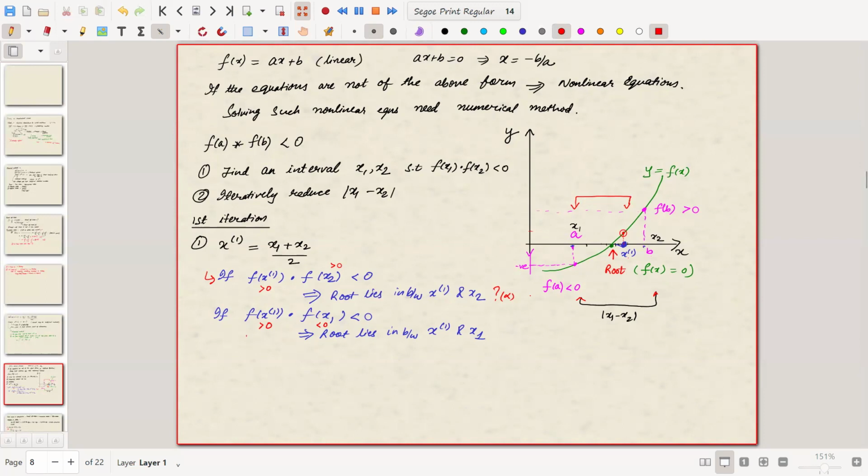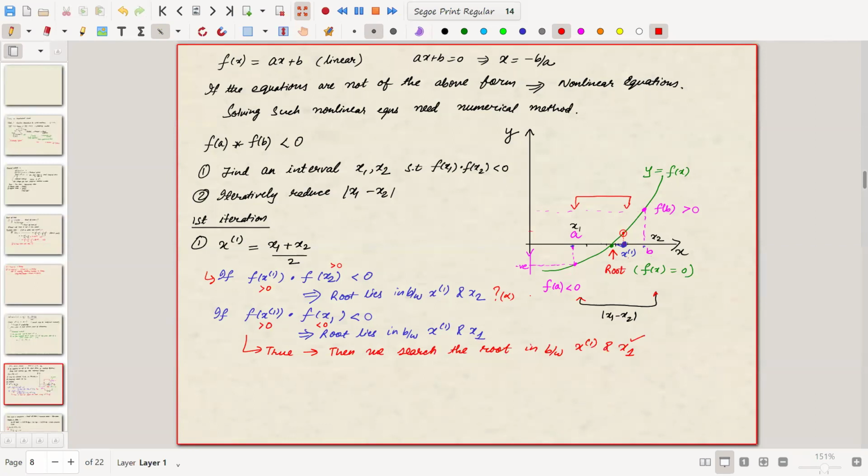Now, if this is true, search the root in between x1 and x superscript 1. That's fine. Now x1 you have already termed as x1. But what is x2? X2 was this one. We always search for the root in between x1 and x2. So that means you have to update x2 now. x1 is already fixed, but x2 can be changed to this point.